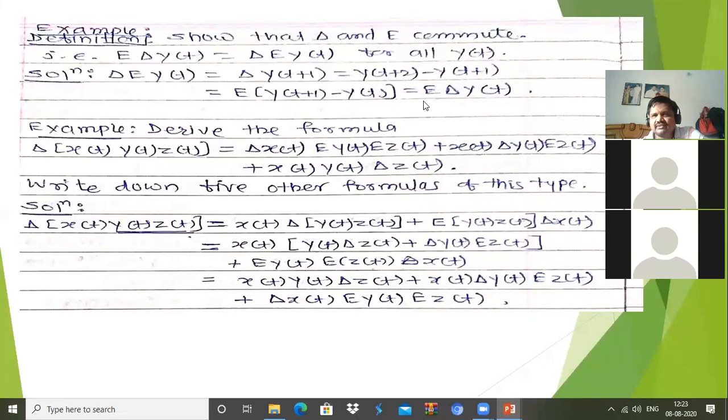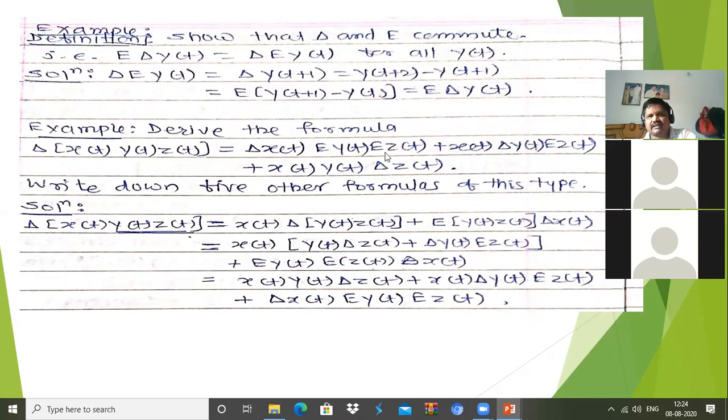So it is E of delta yt. So you started from delta of Eyt and you ended up with E of delta yt. Therefore, whether we operate E and then delta on yt, it will be the same as operating delta on yt and then E. Therefore, we say that delta and E are commutative.